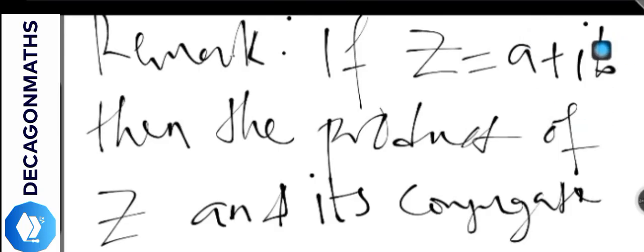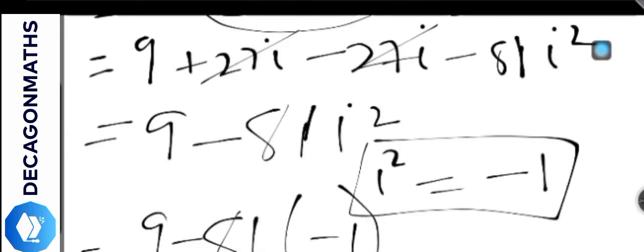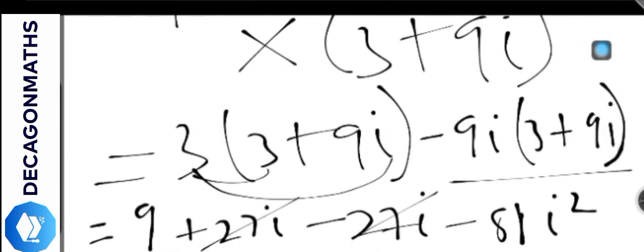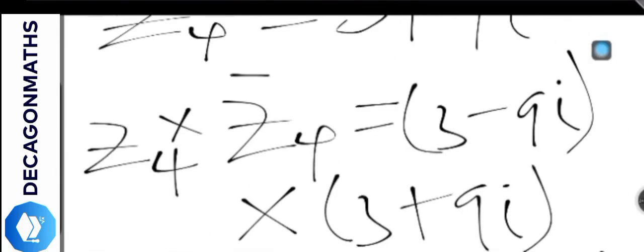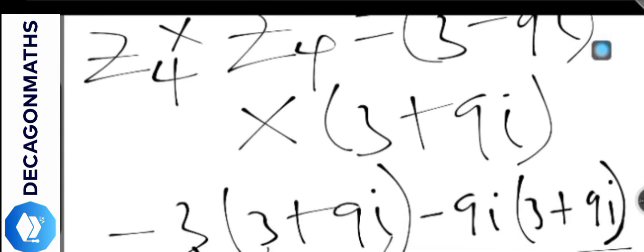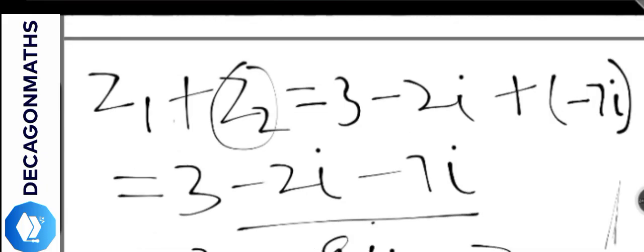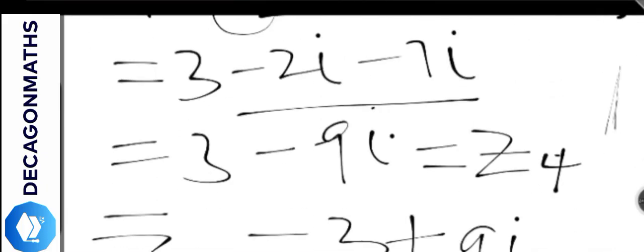And if you observe, for everything that we have been doing, that's what it is, right? So look at this number 3 now. Let's scroll up. Okay, the sum, which is this z4, is 3 minus 9i.